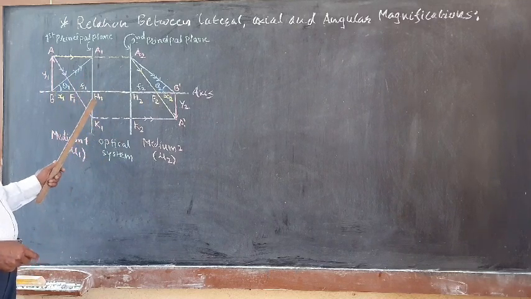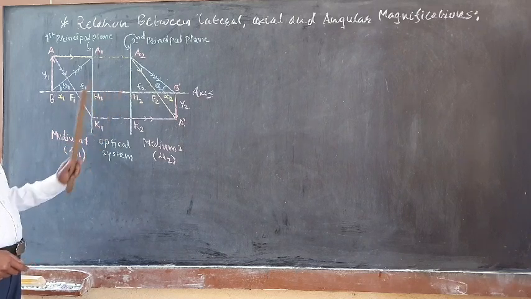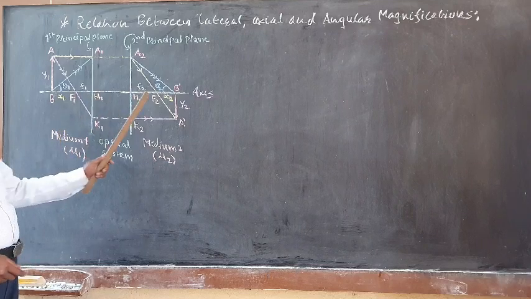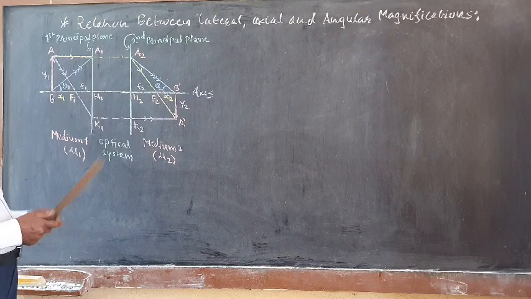Here H1, H2 are the first and second principal points, and capital F1 and F2 are the first and second focal points.